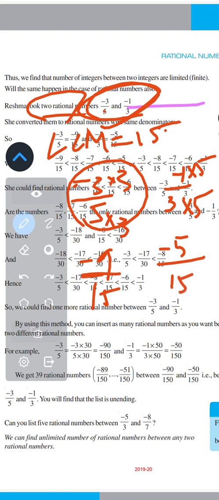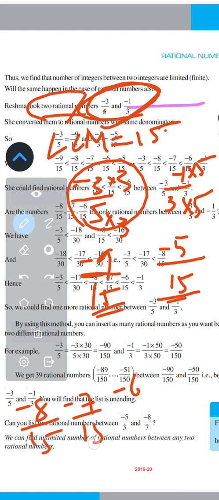Now since the denominators are the same, I can choose from between the numerators. So between minus 9 and minus 5 there is minus 8, minus 7, minus 6. I will put 15 as the denominator for everything because the denominators are the same.